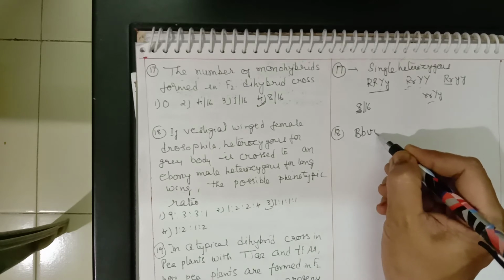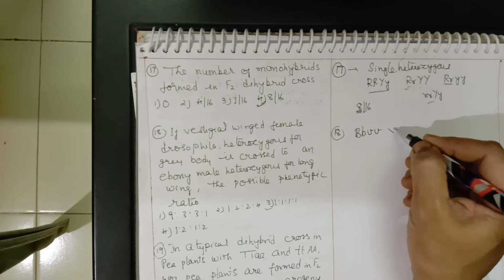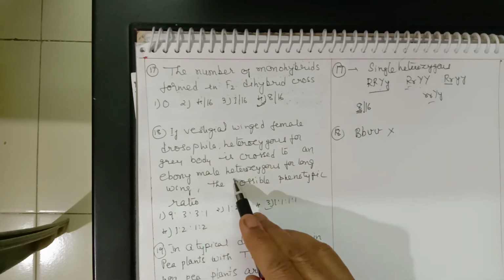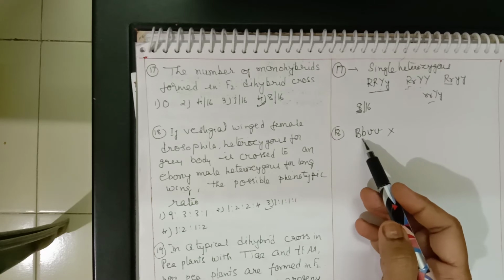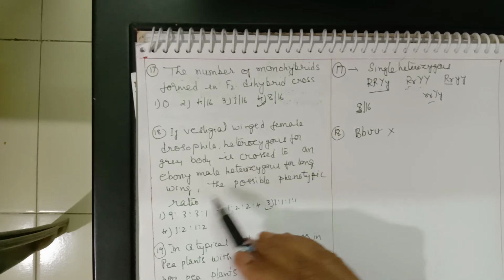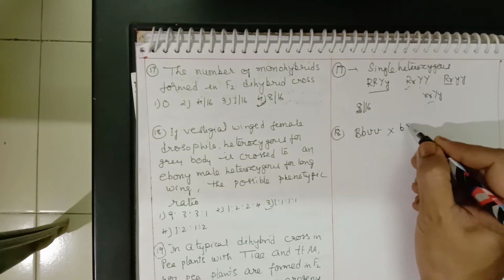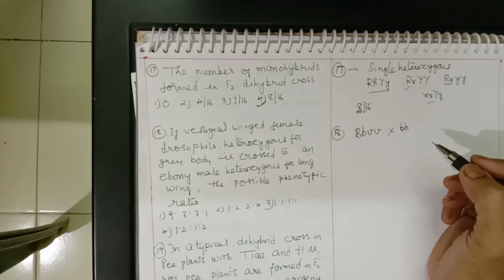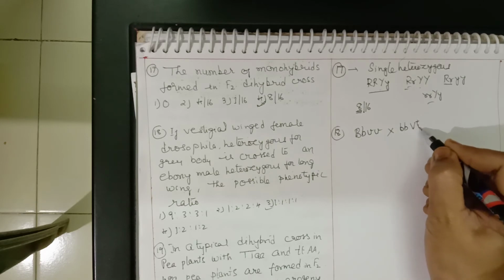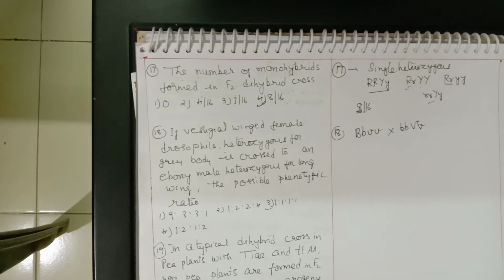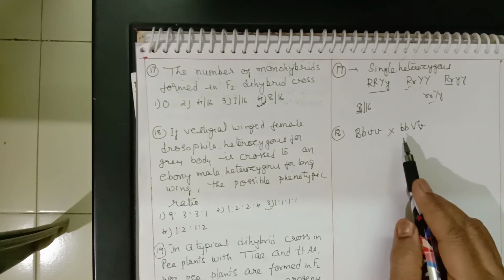Vestigial wings we can represent with small v, crossed with an ebony male. Ebony is the recessive condition for grey body color, and heterozygous for long wings. So here we will take small b for body color, and V plus and V heterozygous for the wings, normal size or long wings. So this is the cross.